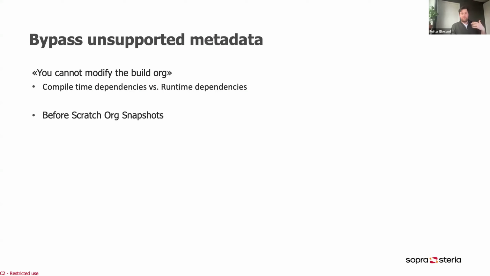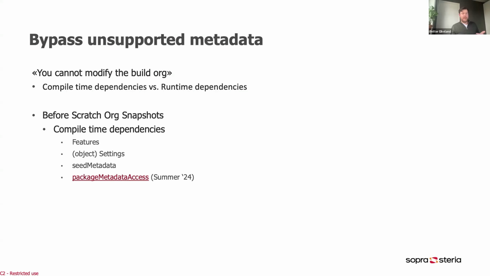So before the Scratch Org Snapshots, we only had the features that were available in the sfdx-project.json and the features and settings and object settings that you could enable in the build org. Salesforce also enabled some attributes like the seed metadata to handle standard value sets. That will also come with a new package metadata access in the Summer '24 release.